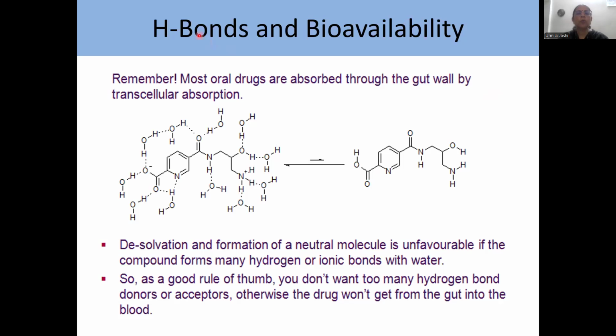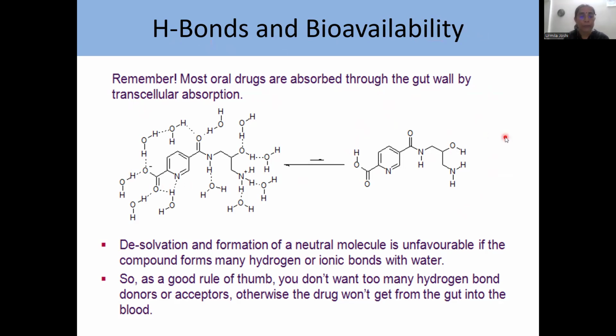Now coming to hydrogen bonds and bioavailability. If you remember, most oral drugs are absorbed through the gut wall by transcellular absorption. Now, for this absorption to occur, water molecules should be removed and the naked molecule itself should be going through the gut wall.